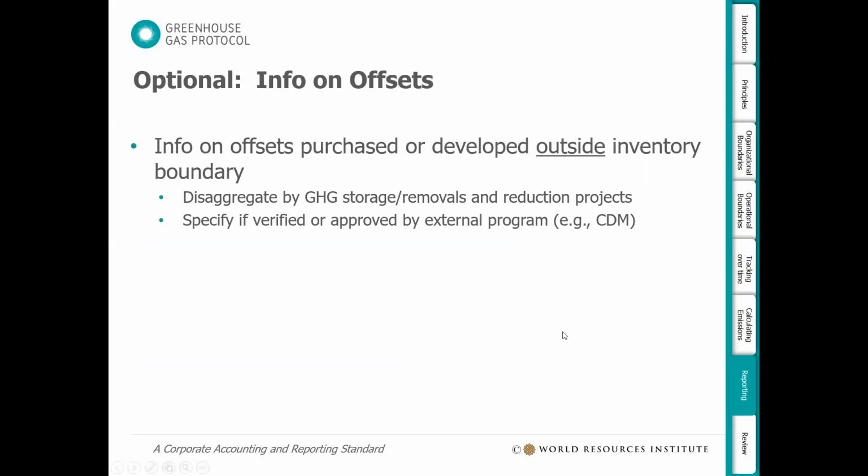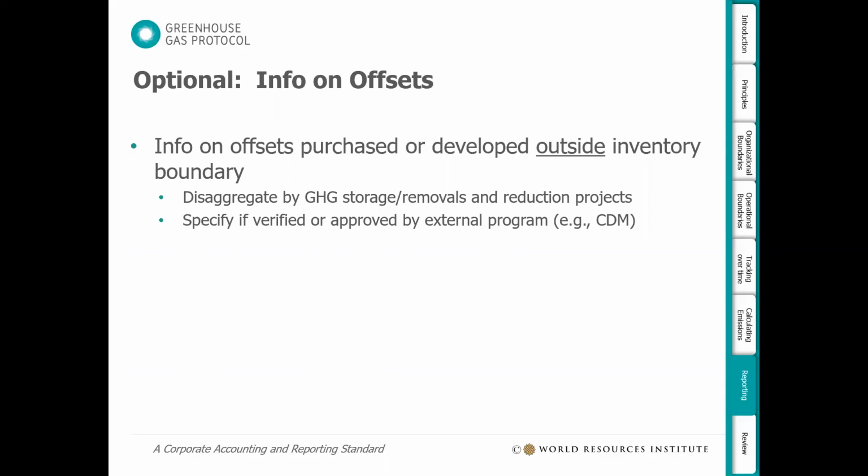Okay, let's turn to the topic of offsets for a minute. This topic does come up frequently in conversations with companies. I mentioned earlier that companies have to report their gross emissions separately from any offset transactions.